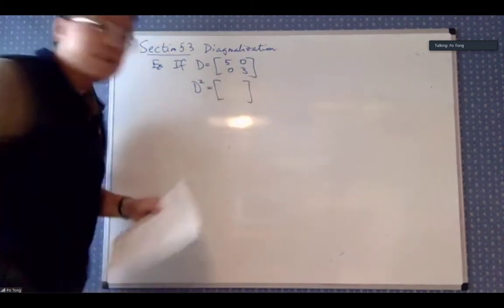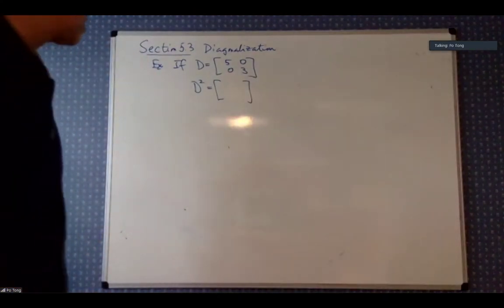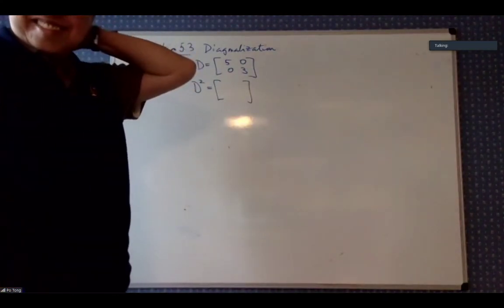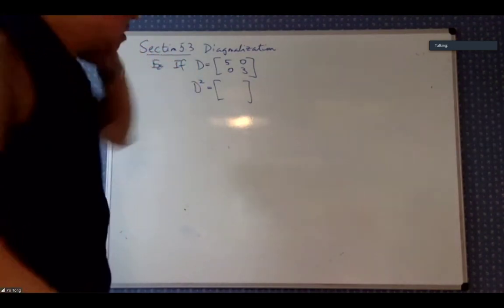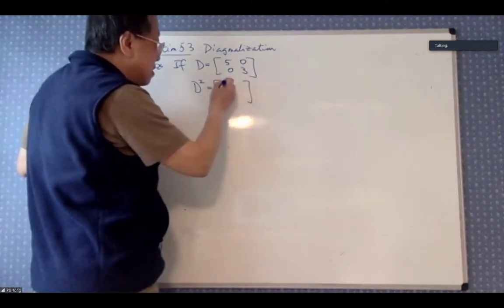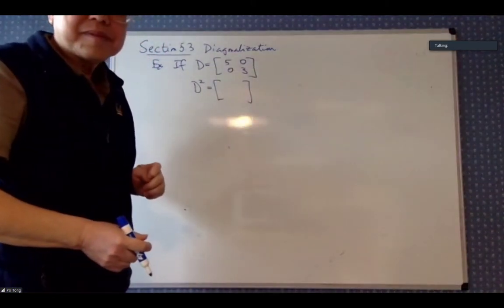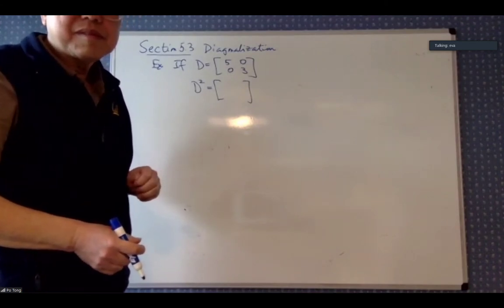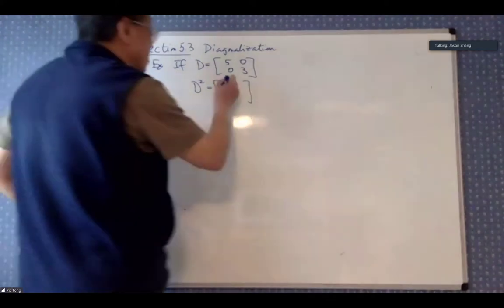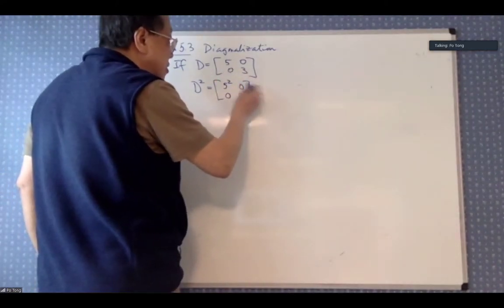Can you guys compute in your head, mentally, what will be D squared? D times D? What do you think? Will it still be a diagonal matrix, the answer? Would it be like 25, 0, 0, 9, right?